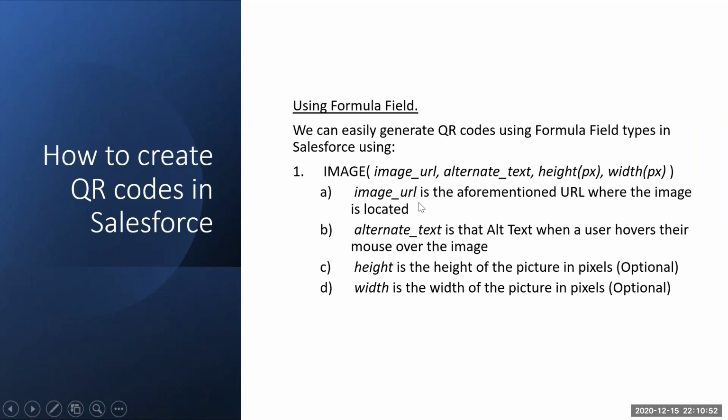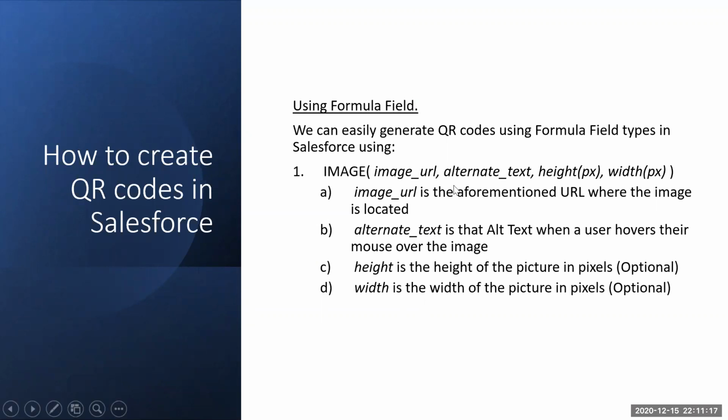The image URL is basically the URL of the image that you want to display. This could be a web URL, or a URL from the static resource where your image is stored. The alternate text is simply any message that you want to give for that image.